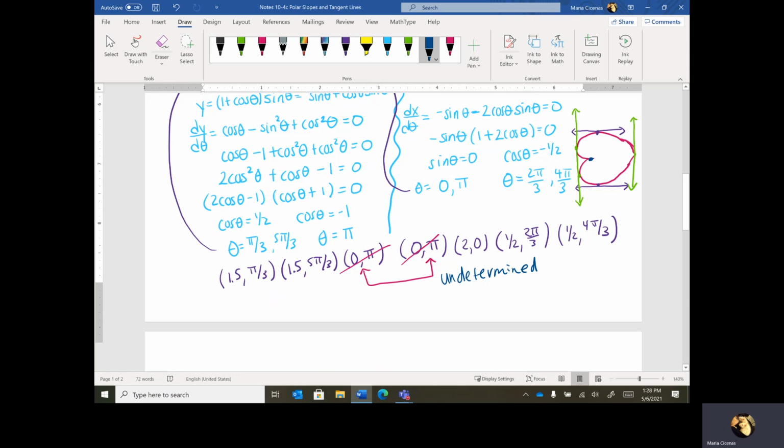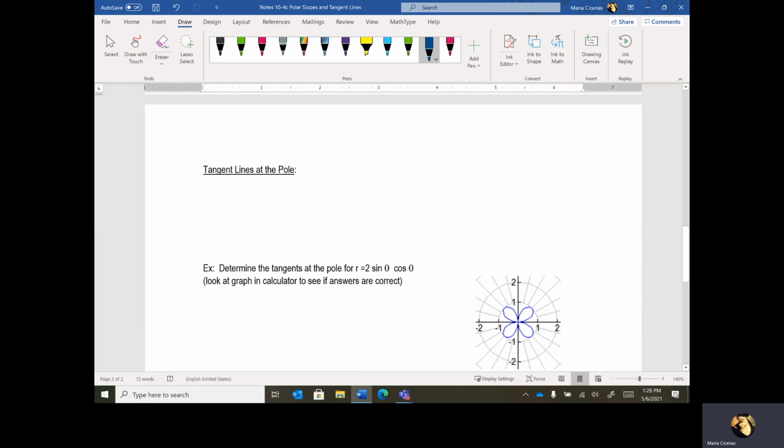All right, there's one other idea that I want to include in this video, and that is tangent lines at the poles. I think I'll provide a visual here of what I'm talking about. So let's just think of a coordinate plane. That's a little easier. But on this coordinate plane, I'm going to place a rose.